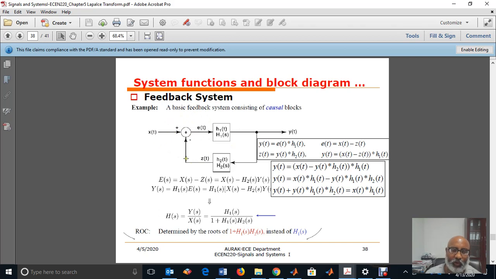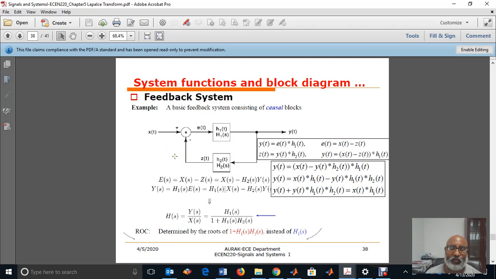It is used in control theory, for example, to control a system. If we want to control the temperature in a certain room and fix it at 20 degrees centigrade, we need to design a control system to keep it at 20 degrees centigrade.